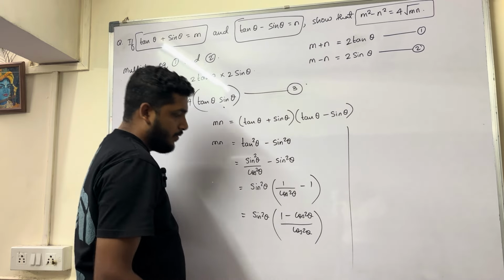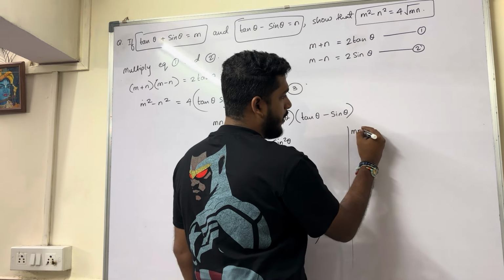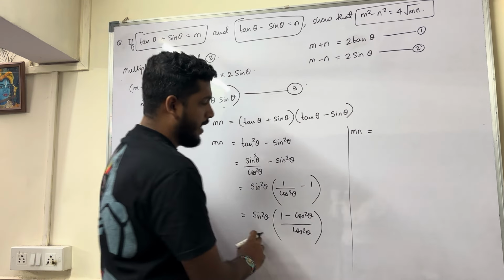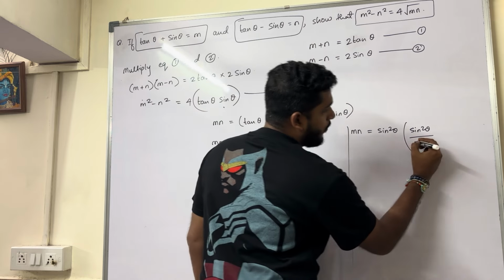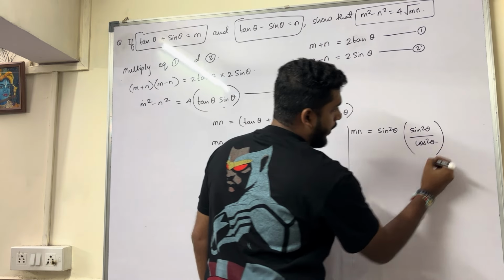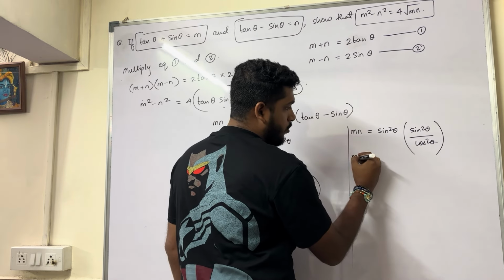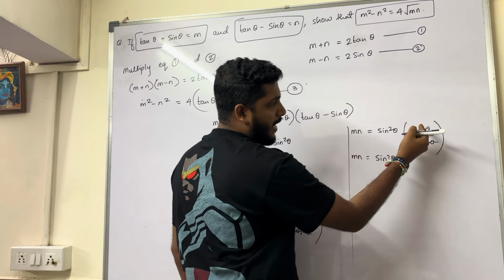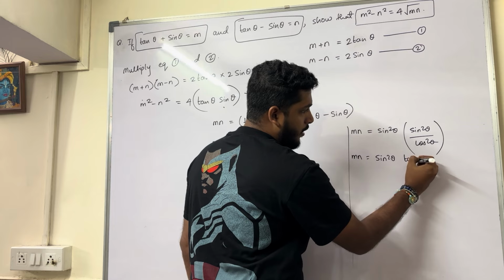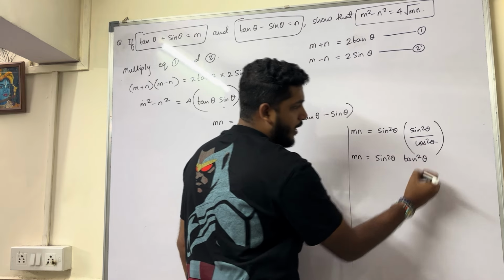I'll continue this side. It will look like m into n is equal to sin square theta, and this 1 minus cos square theta is sin square theta. So I can write here sin square theta, and here in the denominator there will be a cos square theta. And you know a few trigonometric ratios, that sine upon cos is tan, and there is a square, so I have to write tan square theta.